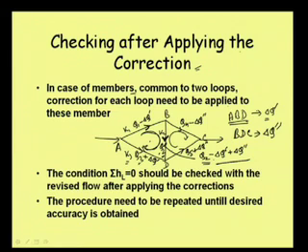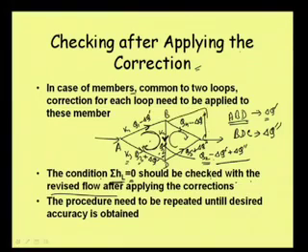This procedure is followed to get the corrected value, and then the condition that the summation of ACL equals 0 should be checked with the revised flow after applying corrections. Once we apply the correction to each and every loop, there may be several loops connecting to this one.